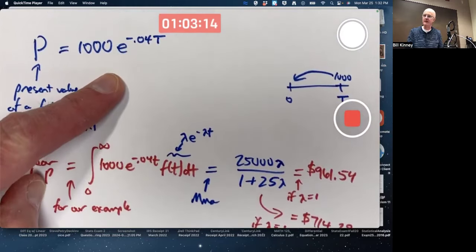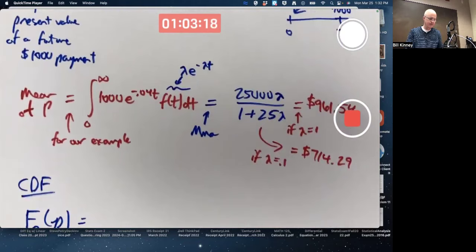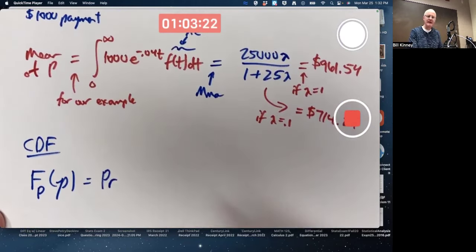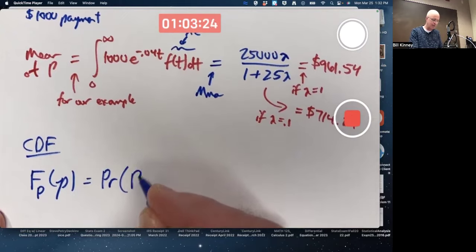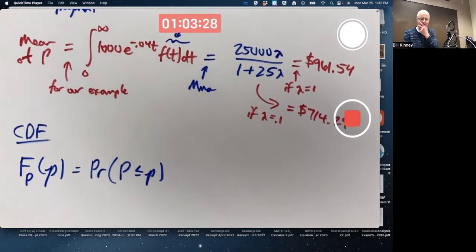That is, you're finding the present value of it. It's got to be less than or equal to 1,000. It's the probability, PR, that capital P is less than or equal to little p. What am I trying to do here? I'm trying to find a formula for this, an ordinary kind of formula.